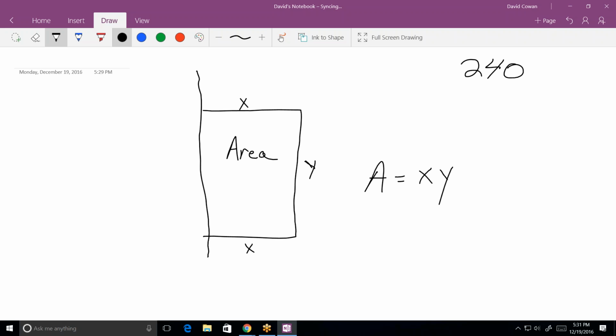Now, we also know some information about x and y that we can relate based on the fact that we have 240 feet or meters, whatever, of wood. What equation can I write regarding x and y and the number 240? y plus 2x equals 240.